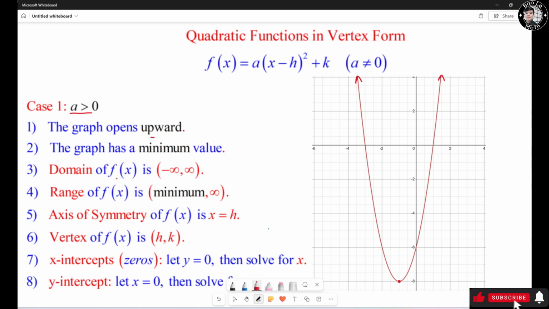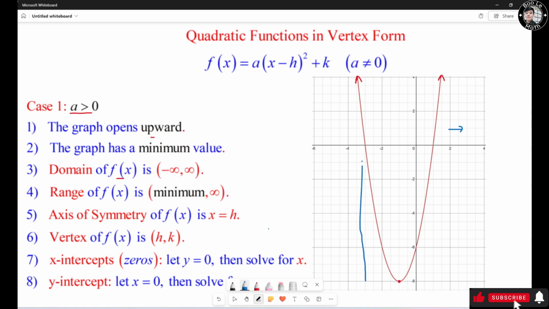The domain of the function f of x is negative infinity to positive infinity, because the graph keeps going up and further to the left, and the graph keeps going up and further to the right. Alright, the range of the function is from the minimum values all the way up.